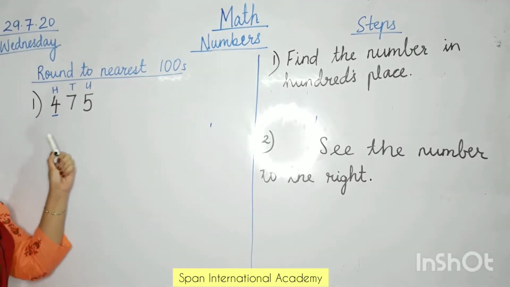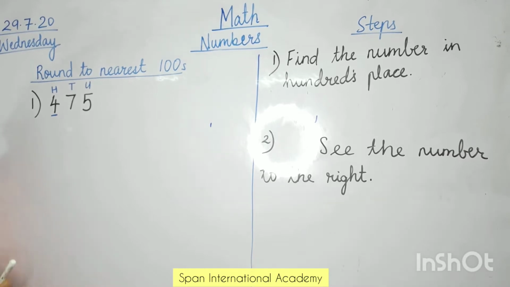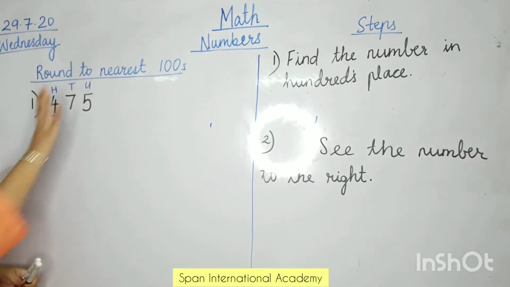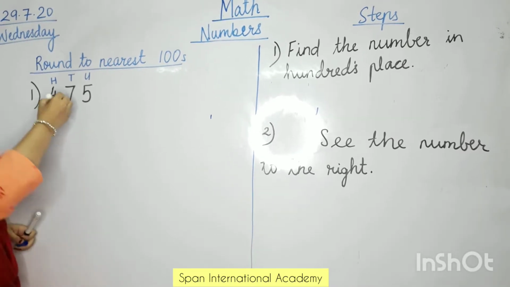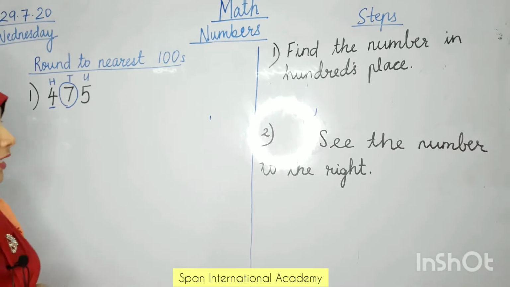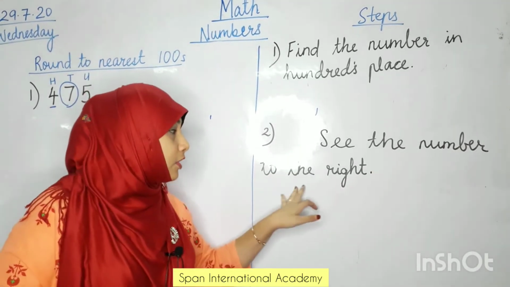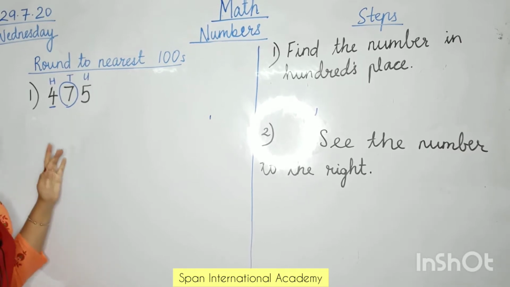Now we have number 4 here in the hundreds place. Second step tells me see the number to the right. Now which number is to the right? It is in the tens place, that is number 7.